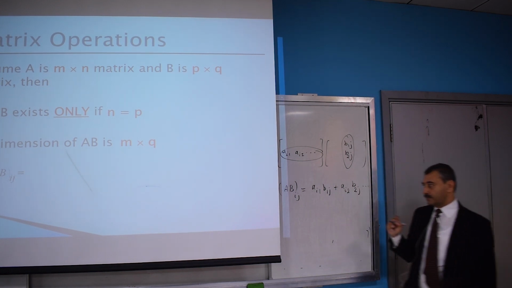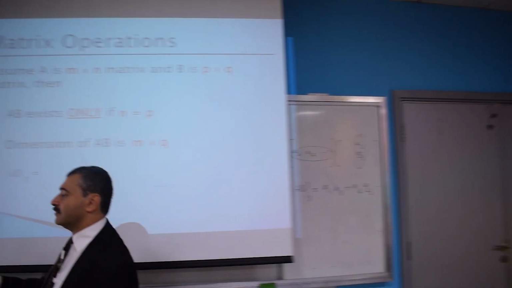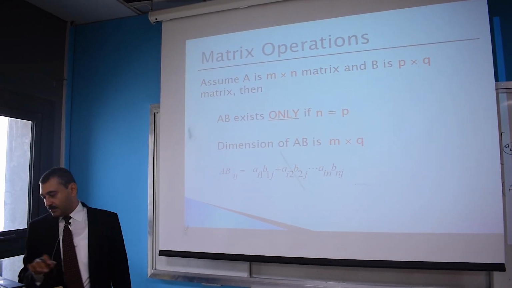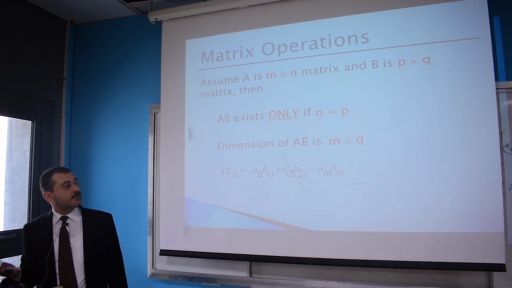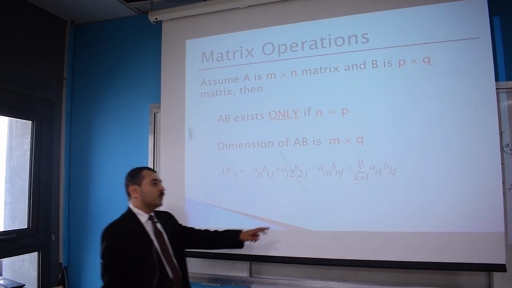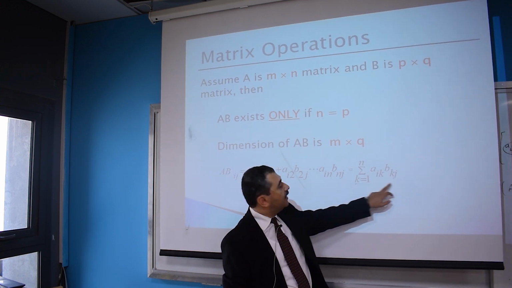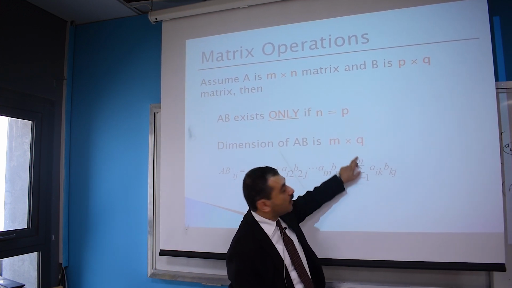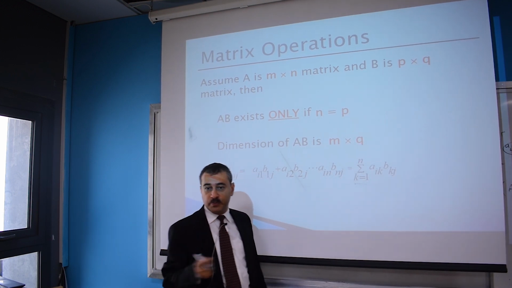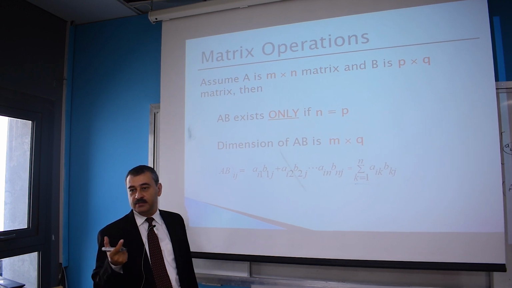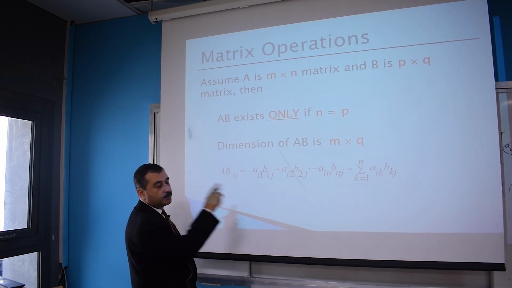Right? Okay. To write it in a compact form, we write it this way. Summation A_ik B_kj, and K loops from 1 to n. So you have a for loop to find the value of each entry in the product. Okay, for loop to find the dot product.